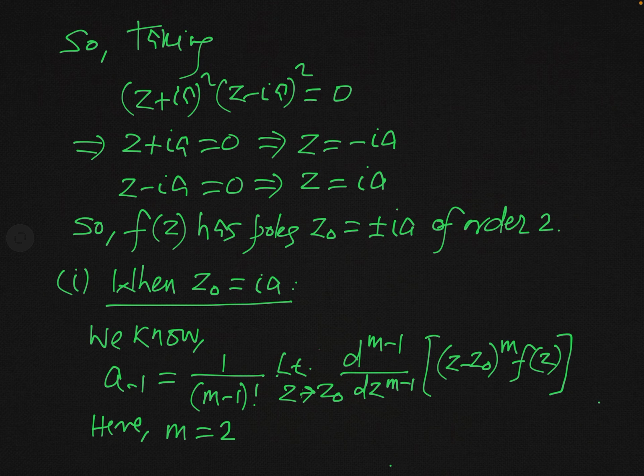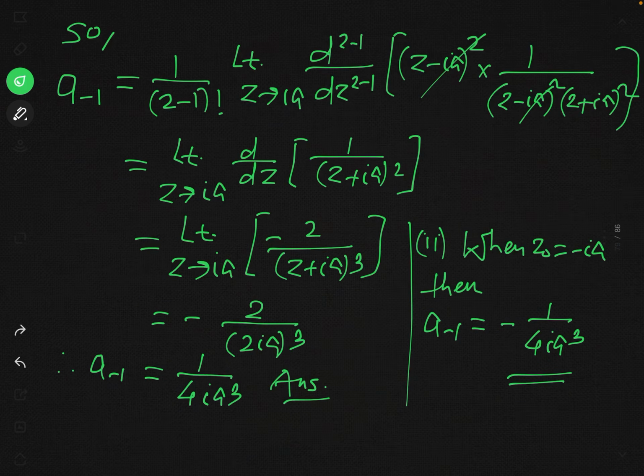As the order of the pole in this problem is 2, m will be equal to 2. So let us put the value of m equal to 2 and the value of f of z given in this problem.